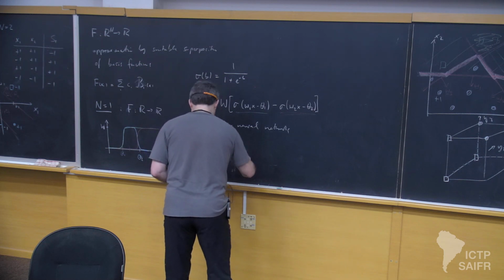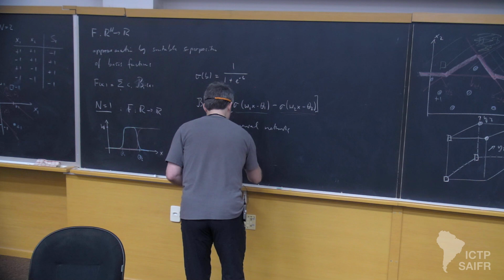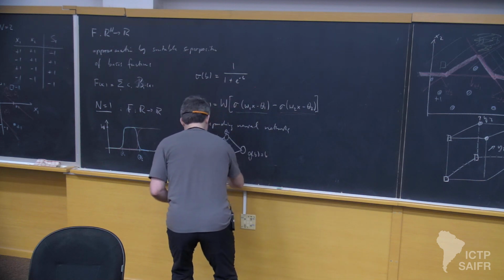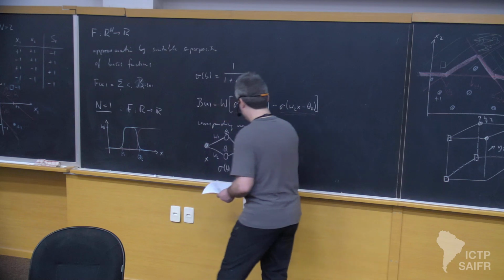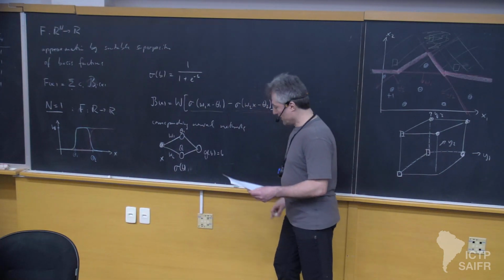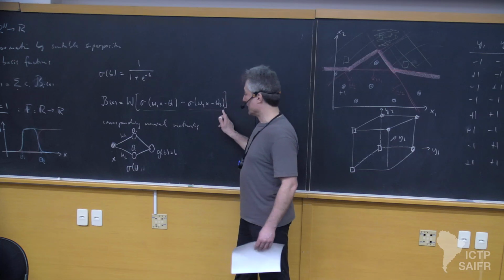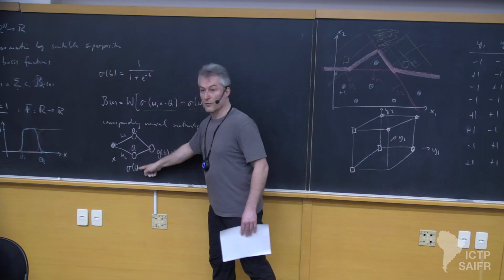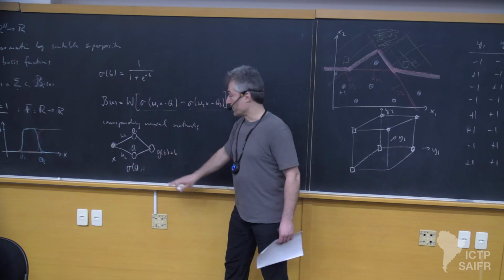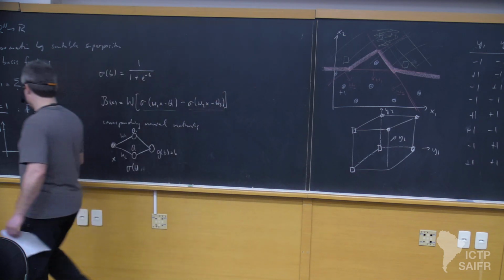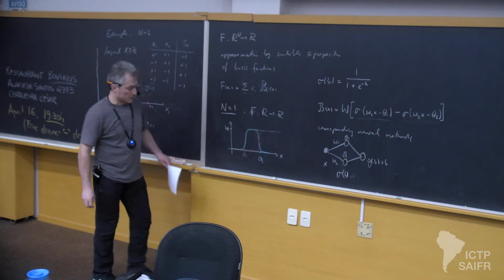And then they are combined into one output neuron simply by the linear activation function. This is just linear. And here in the middle, I have the sigmoidal. So this network here creates the blue basis function.